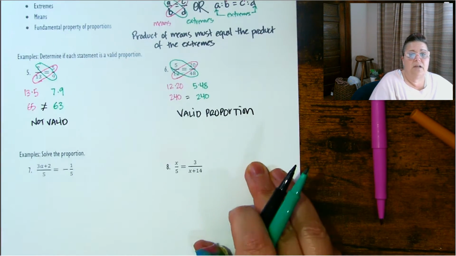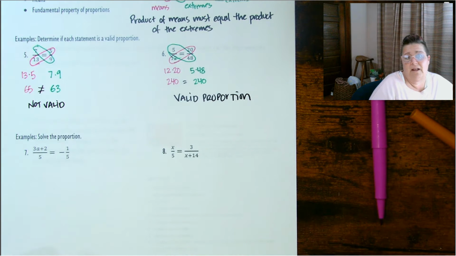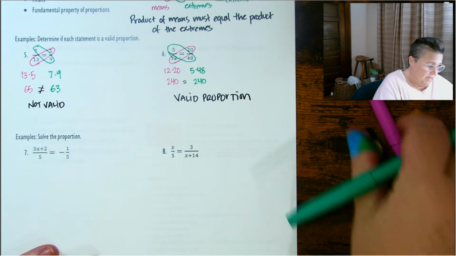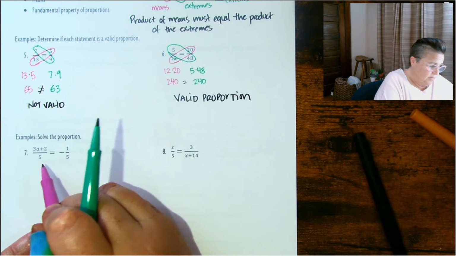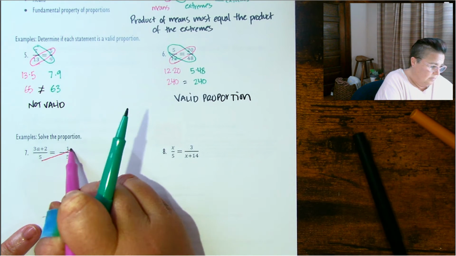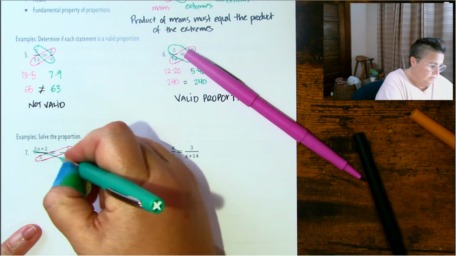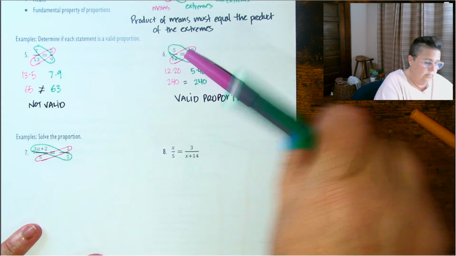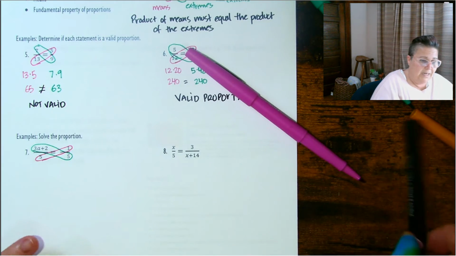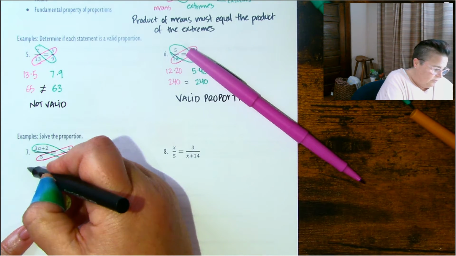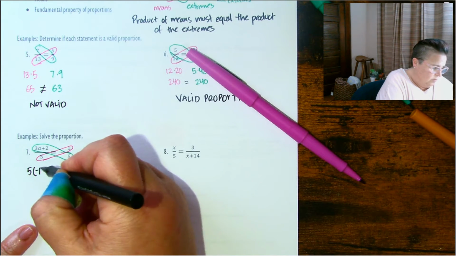Okay, so once I've set that up, I can now use this to solve my proportions. It must be true that the product of the means has to equal the product of the extremes. So it has to be true that 5 times a negative 1.